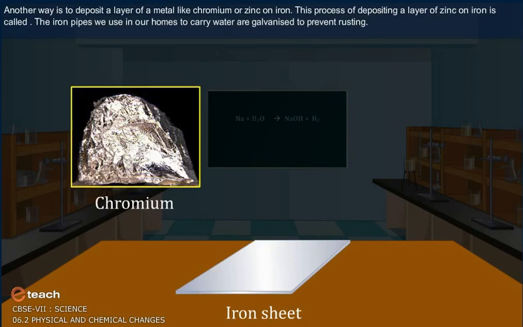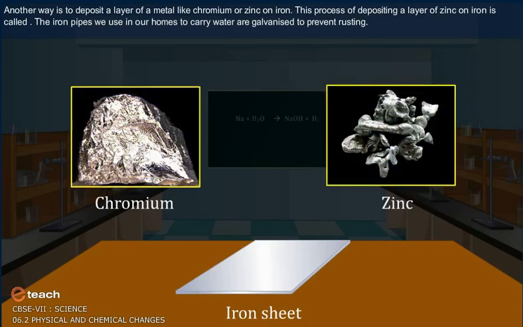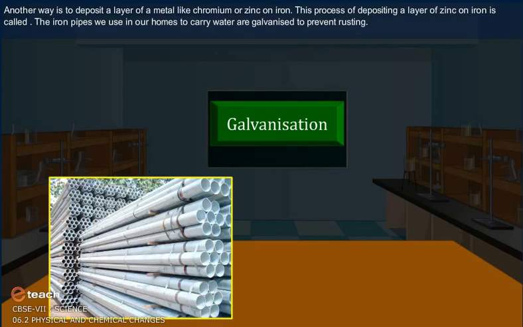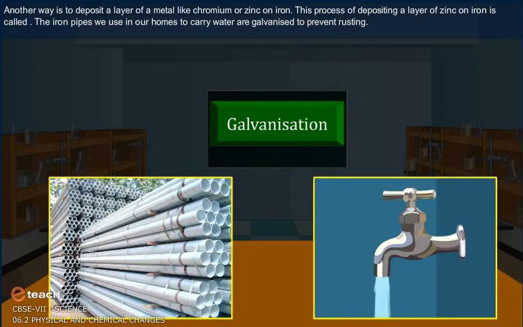Another way is to deposit a layer of a metal like chromium or zinc on iron. This process of depositing a layer of zinc on iron is called galvanization. The iron pipes we use in our homes to carry water are galvanized to prevent rusting.